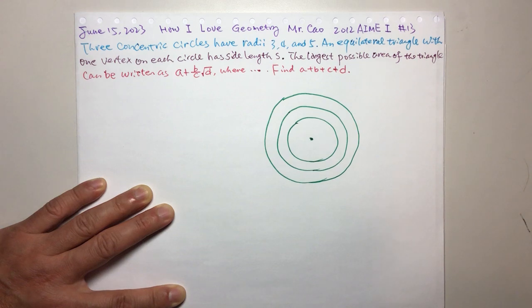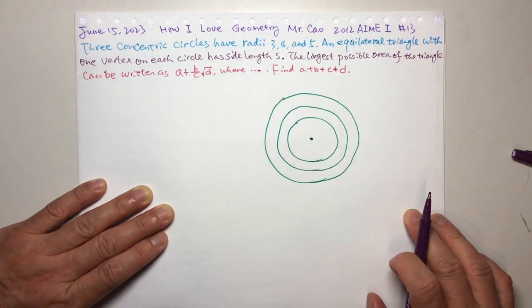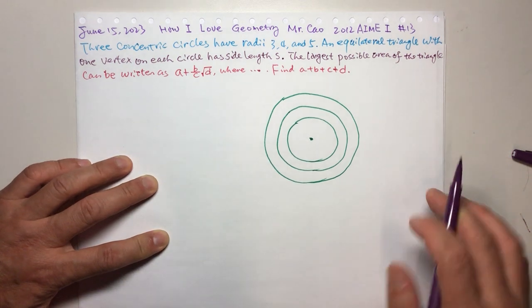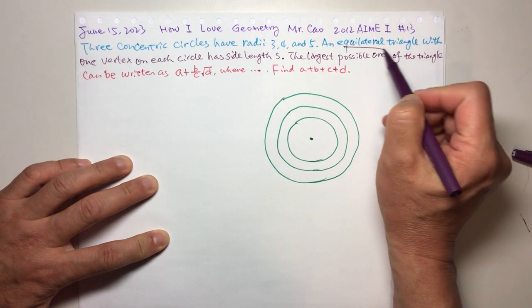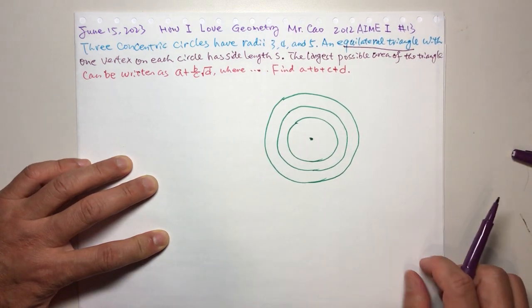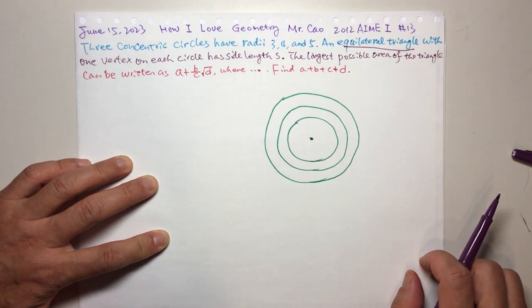It's not beautiful, but we can understand. And three vertices, one on each circle, an equilateral triangle. So it lets us find the largest possible.